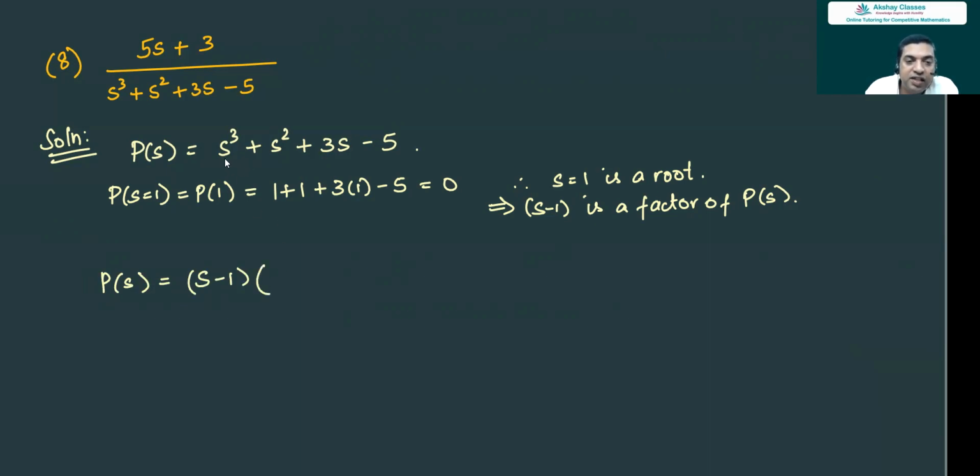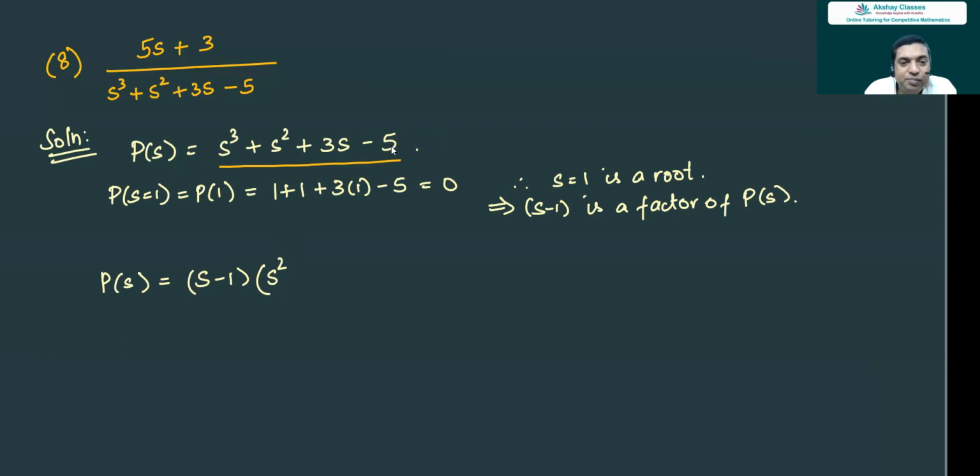Now this s cube plus s square plus 3s minus 5, we have to now factorize as s minus 1 times something and just find the remainder. How do you find the remainder? Just check. Coefficient of s cube is 1. So coefficient of s square will be 1. So s into s square will give you s cube.